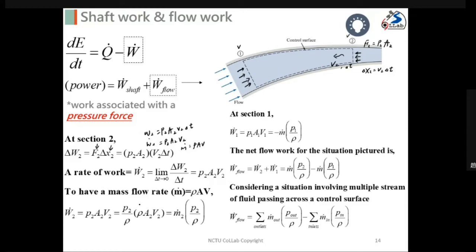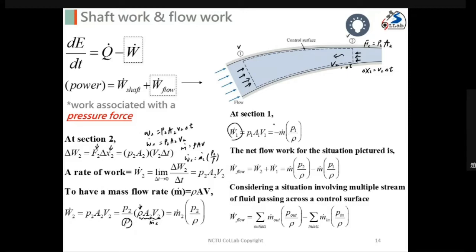And if we take a look, we know that the mass flow rate is equal to rho A V, right? So we just put the density here, and also divide the density outside, so we can have the mass rate parameter in here. So finally, we know that the W rate 2 is equal to the mass rate 2, P2 divided by rho.